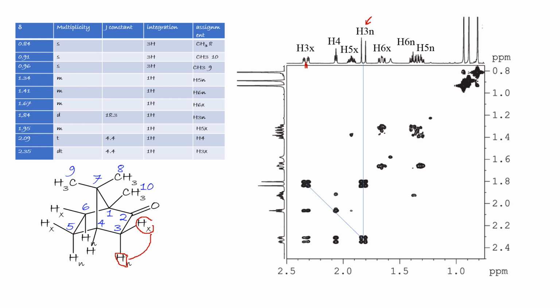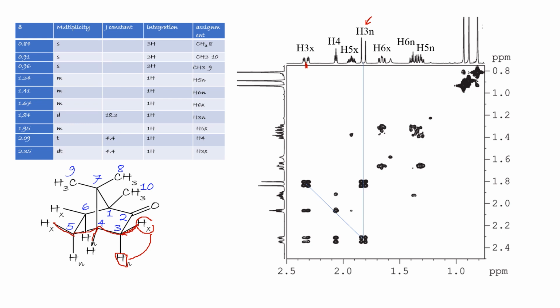Now it couples to H4 with a J value of 4.4, and again is coupled to H5X by long range coupling. See the W structure fixed.